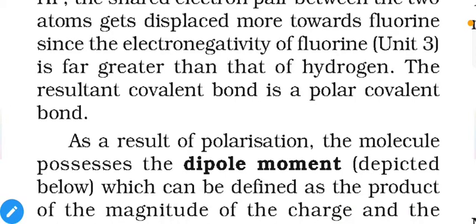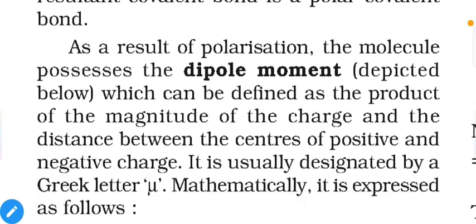That's why hydrogen gains partial positive charge, because the electron of hydrogen is moved away from the hydrogen. But it is not completely removed. If it is completely removed, then hydrogen will become an ion. So it is still in contact with hydrogen, but the distance is increased. So the resultant covalent bond is a polar covalent bond. When this type of uneven distribution of shared electron pair occurs, it gives us polar bonds.